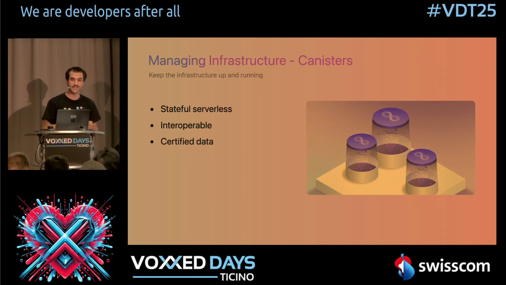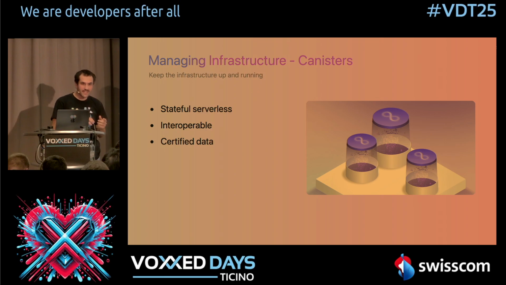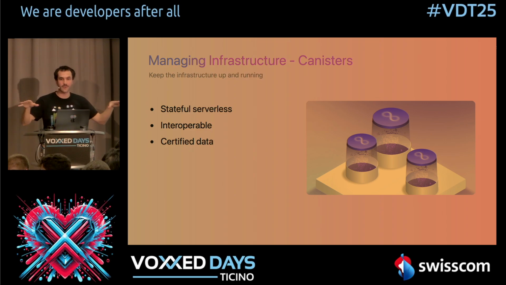But these lambdas have access to the data. So these lambdas have the data directly inside the memory of the lambda itself. That's why I call them stateful serverless, because they don't run if you don't invoke them. But when you invoke them, you already have the data there.